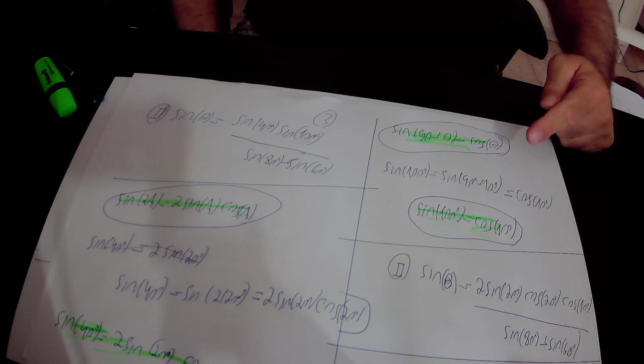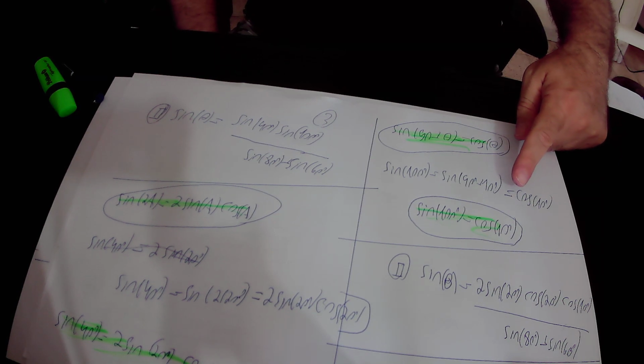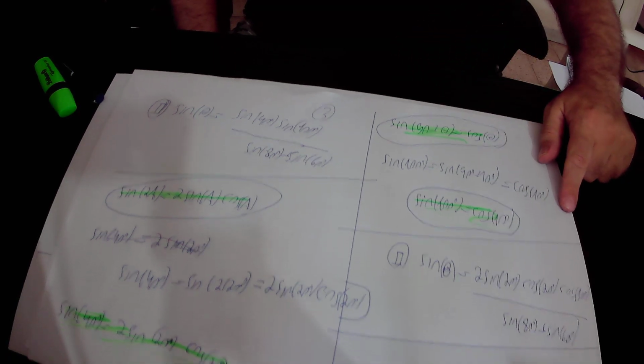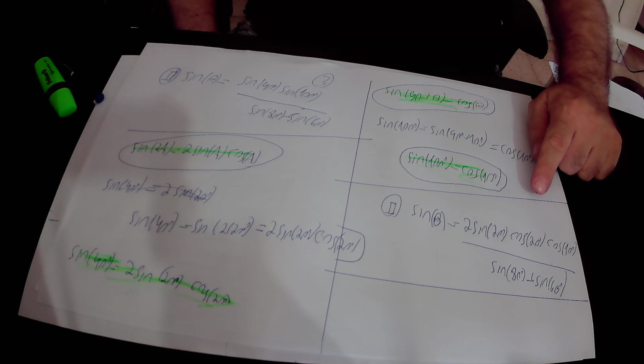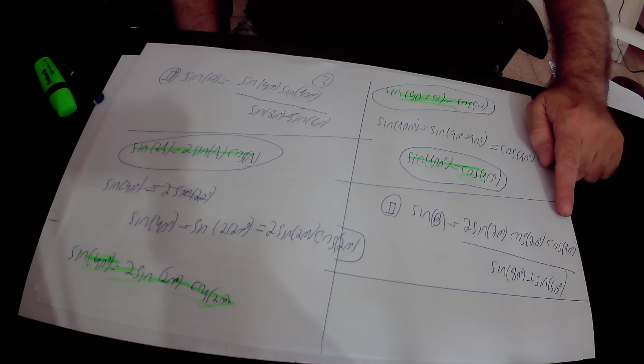Therefore, we can substitute sin 100 degrees by cos 10 degrees in equation number 2. We did it, and here 2 times sin 20 degrees times cos 20 degrees is sin 40 degrees, and cos 10 degrees is sin 100 degrees.